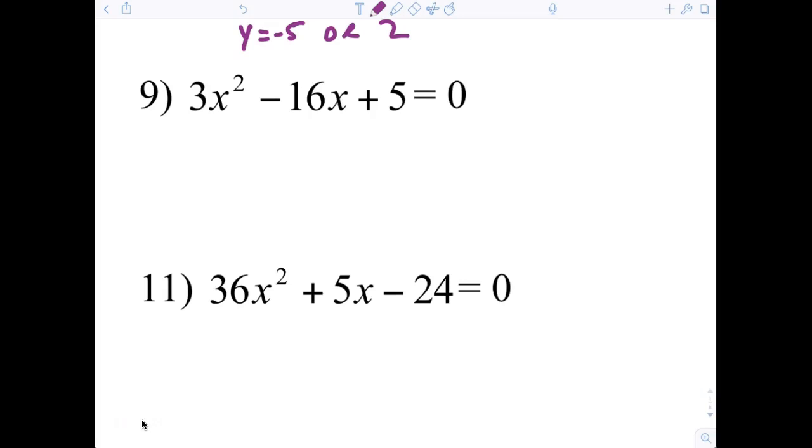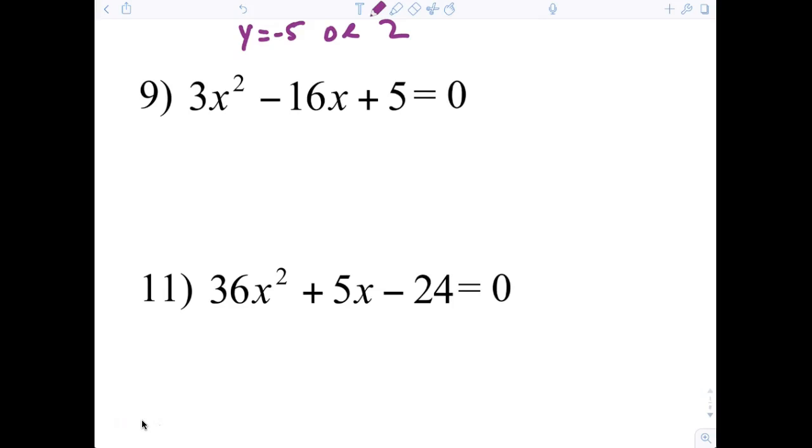Well, let's see. Right there, set the factors equal to 0. All right, you're almost there, keep going.